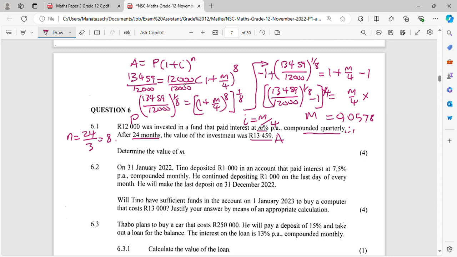Therefore we can say M is 5.78%. So we'll move on to the next question.